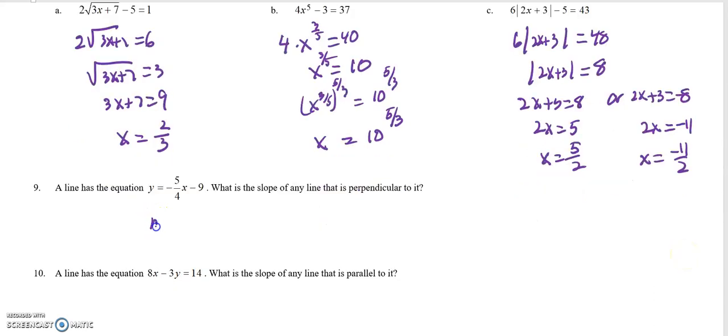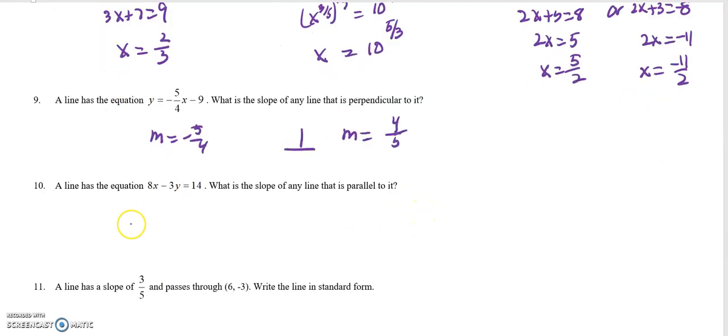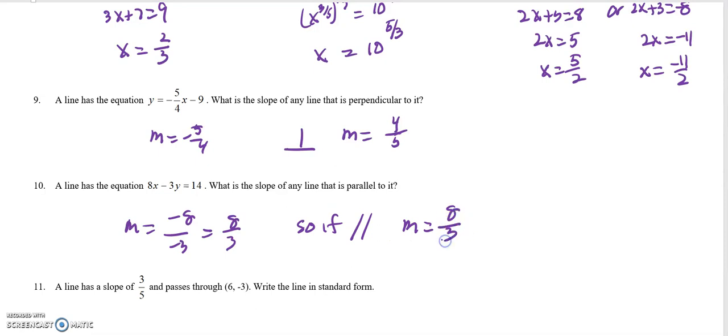This slope is clearly -5/4. So if it's perpendicular, the slope will be 4 over 5. This slope is -8 over -3, which is 8/3. So if parallel, it will also be 8/3.